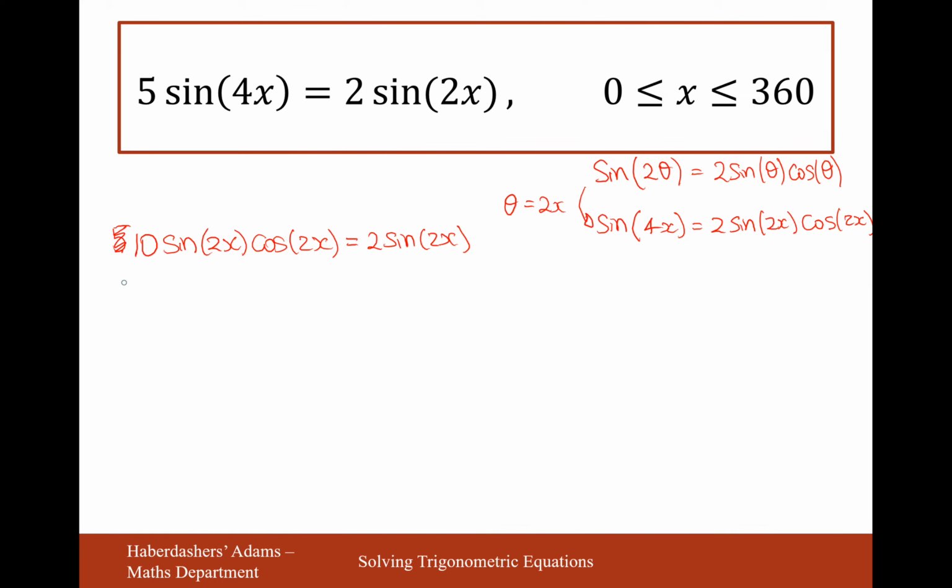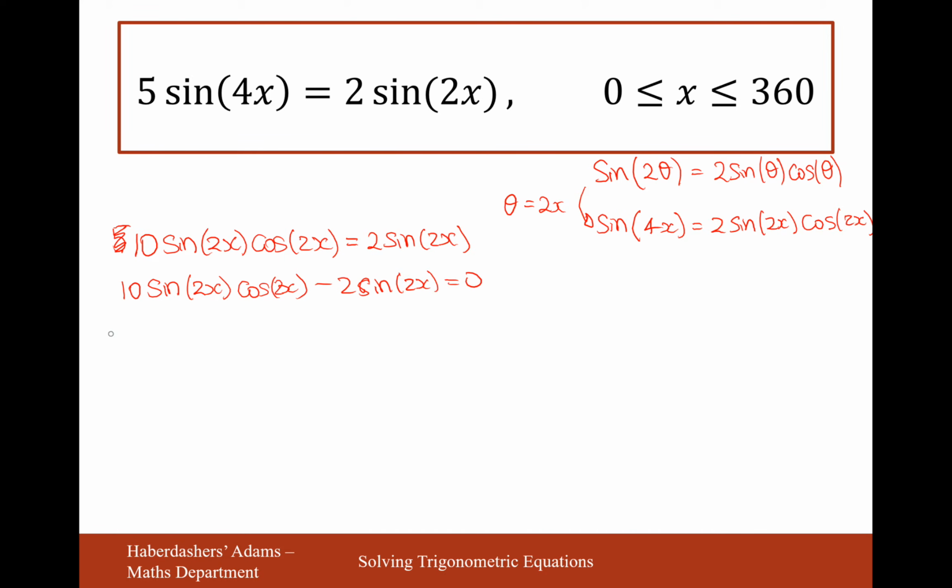What you should do is subtract 2 sine 2x from both sides. So sine 2x cos 2x minus 2 sine 2x.